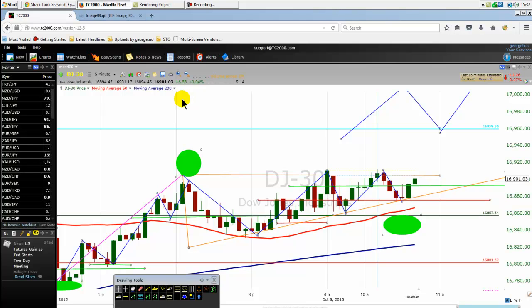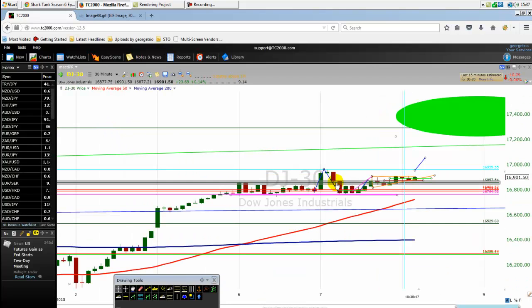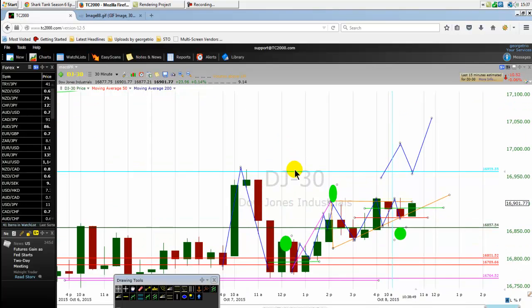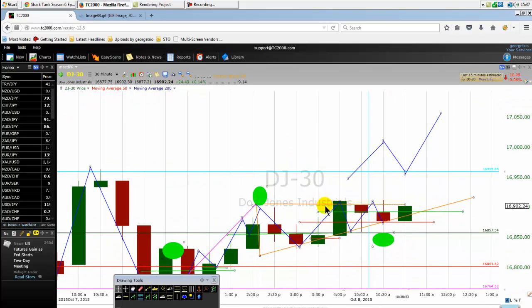All right? So, if we go back to the 30-minute chart, okay, this is what has happened, okay? So the first candle went down all the way to retest the median line, talking about trend idea part 1, part 2, part 3, part 4, to retest the median line of yesterday.